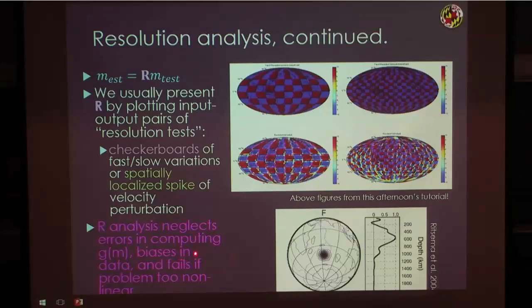It also assumes, obviously, that the data uncertainty is Gaussian, so that there are no real biases in the data. And it fails if the problem is too nonlinear, because, again, it's a linearization around that most likely point, so it might not be very good. So this is something to remember, but we will do this in our practical, because it's still a very useful thing to try.